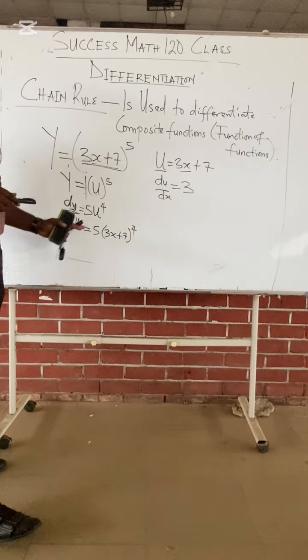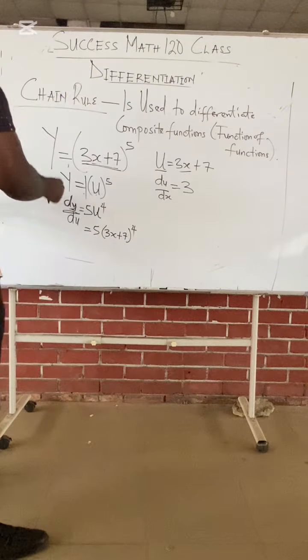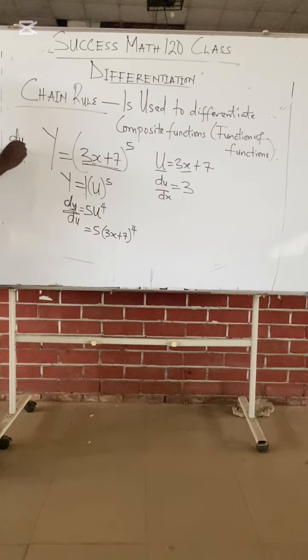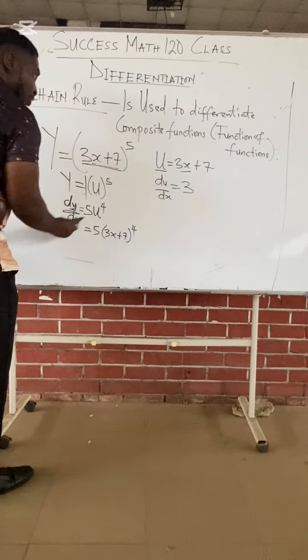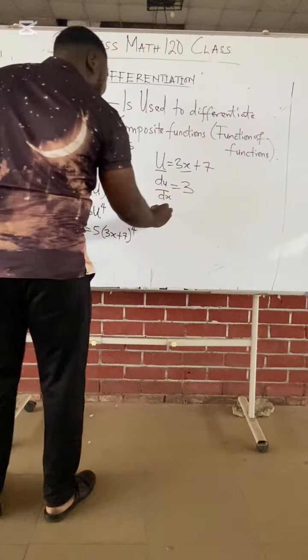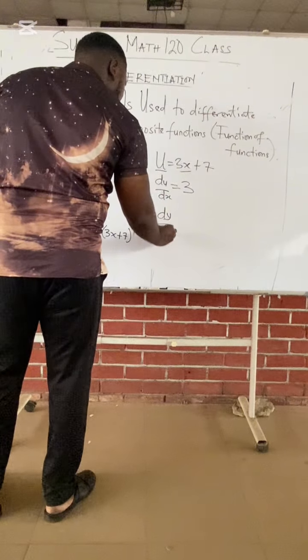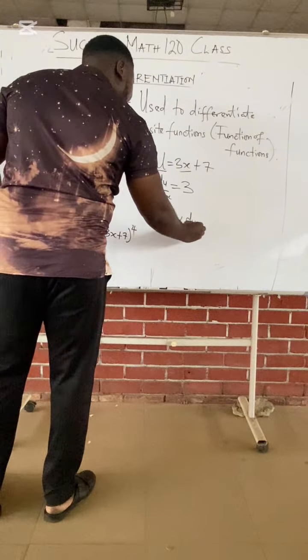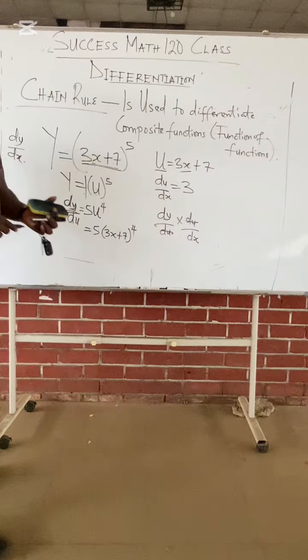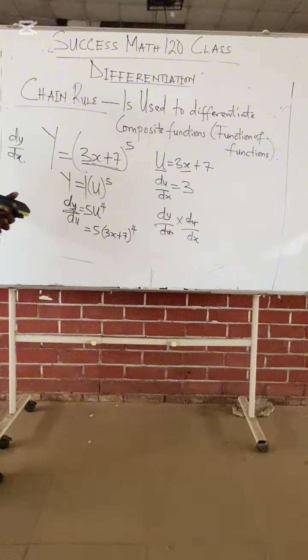Now I have dy/du and I have du/dx. But what I am actually looking for, the question said y equals 3x plus 7 raised to power 5, find dy/dx. I don't have dy/dx. To get dy/dx, multiply dy/du and du/dx. What will happen? du cancels du and I'm left with dy/dx.